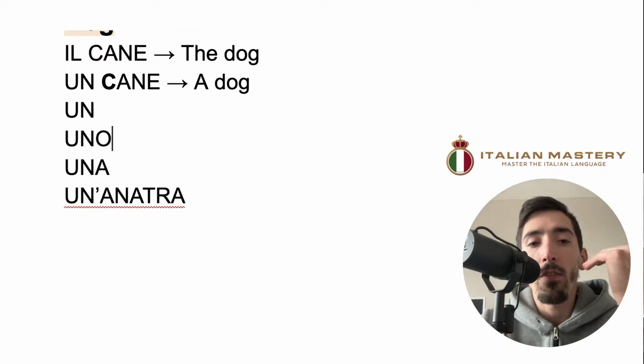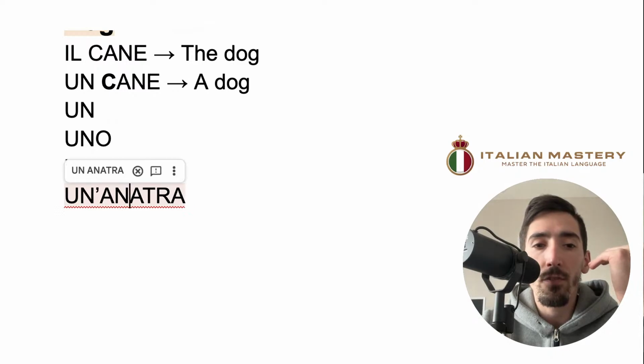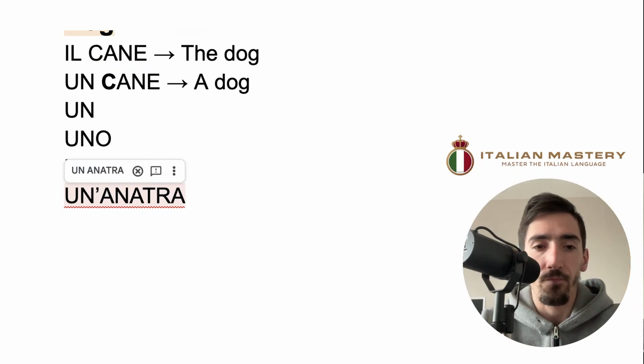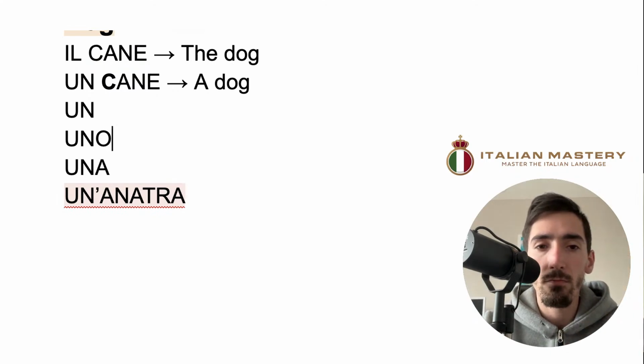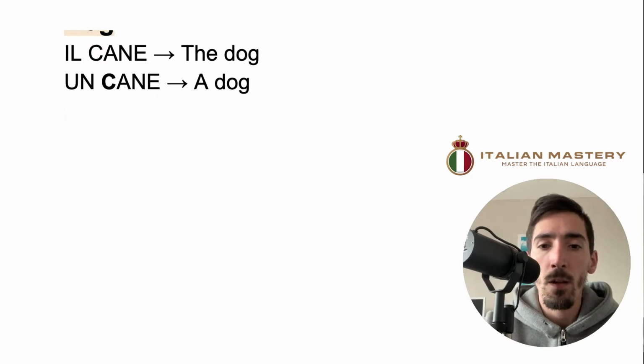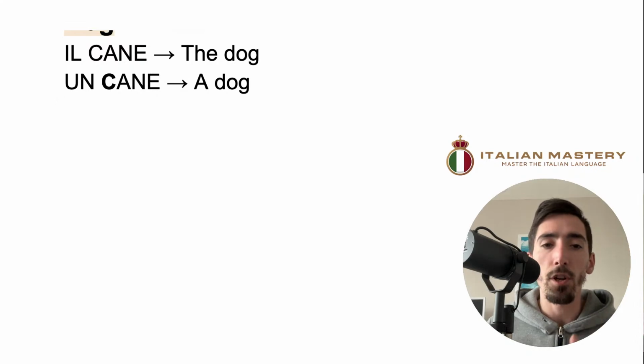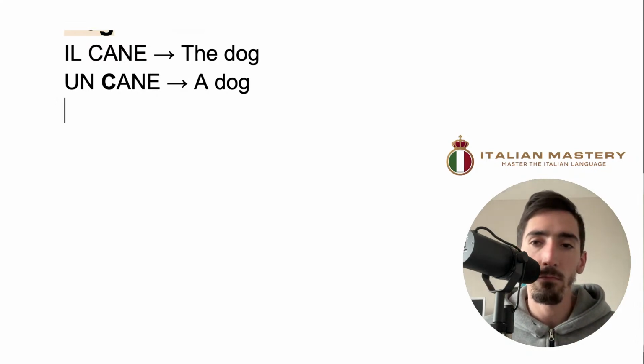So there are different, it's trying to correct me, but this is correct. So there are different versions of the same thing. So far, no major problems, right? This is a very basic idea. A basic idea where you have different versions of the same article.